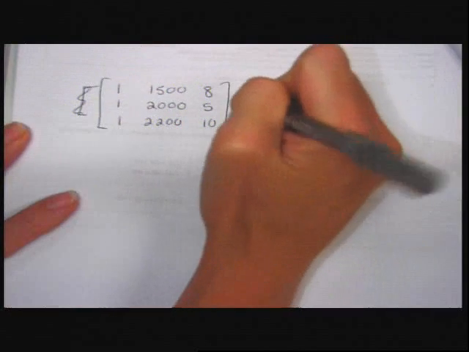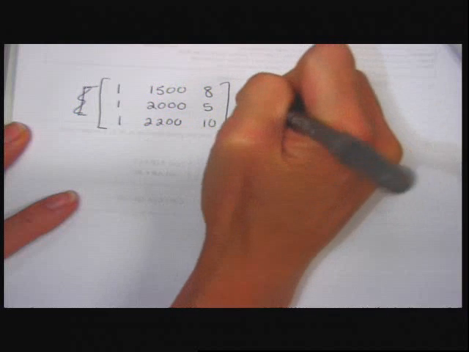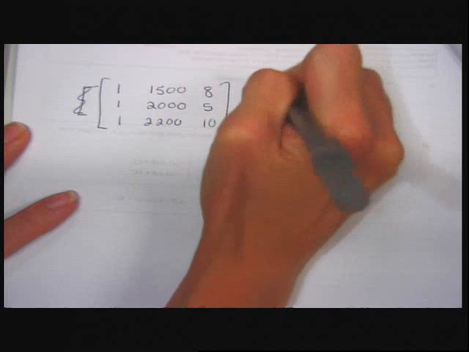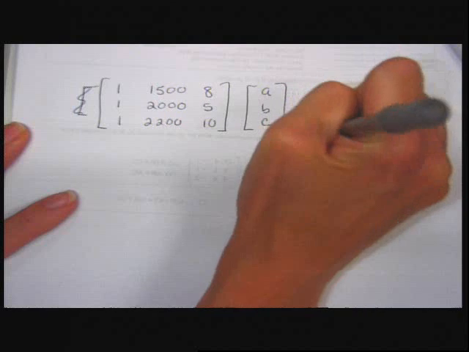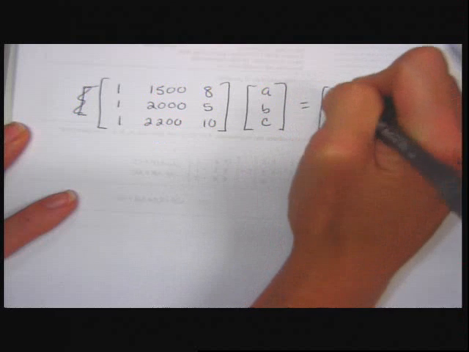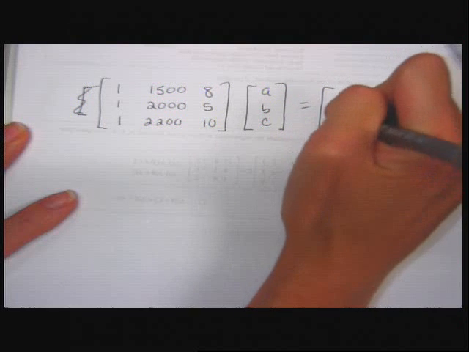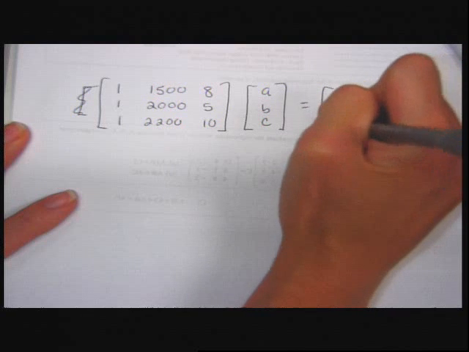And then we have A, B, and C. And then it's equal to our prices, which were 122, 130, and 158.